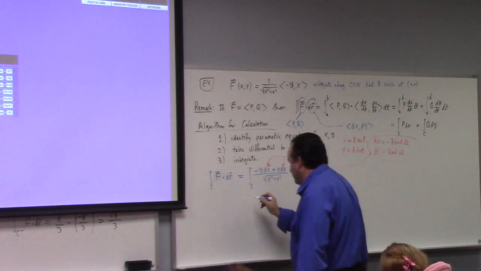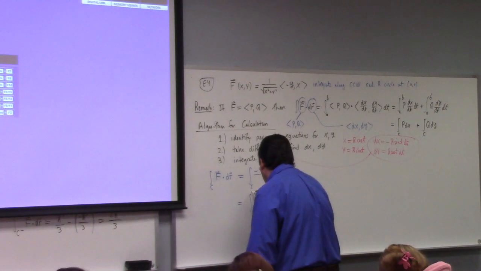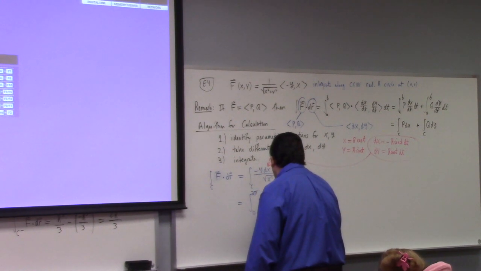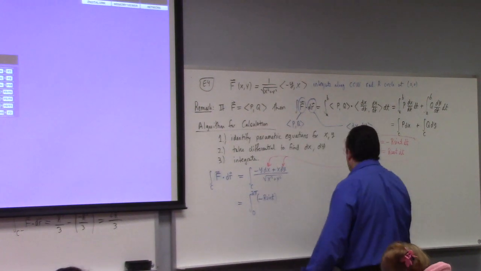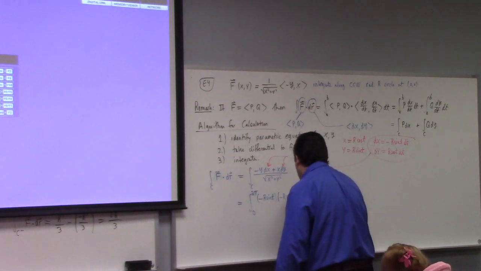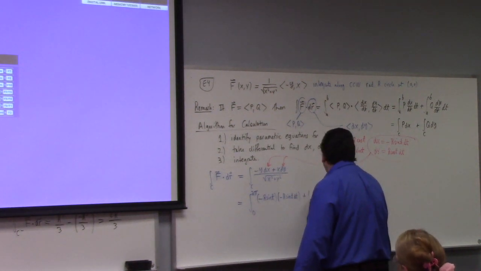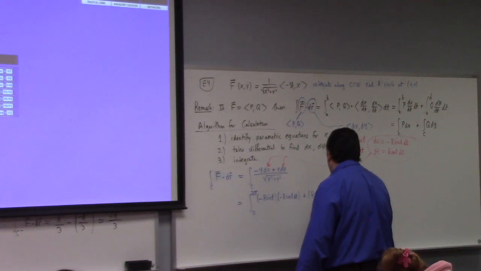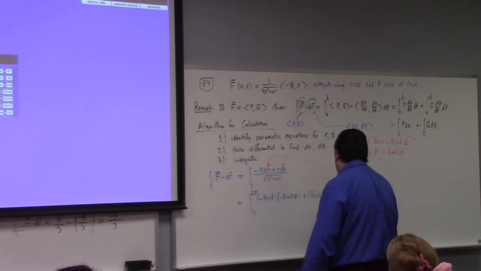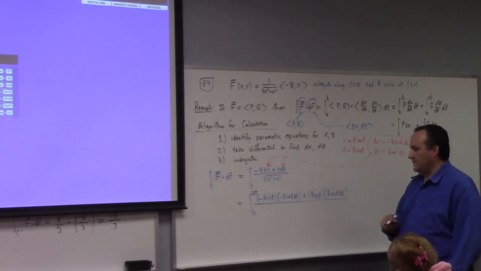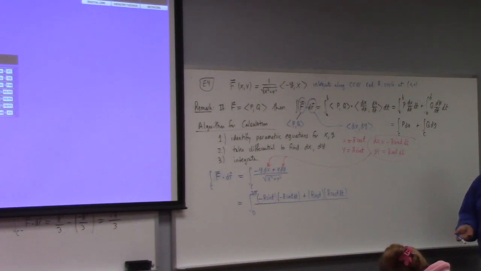So here this works out to the integral from 0 to 2 pi of minus r sine t. And what's my dx? Well, my dx was minus r sine t dt. And what's my x? Well, my x here is r cosine t, and my dy was r cosine t dt, right? Lovely. What's the square root of x squared plus y squared for the unit circle? Not unit circle, but the circle of radius r. R, that's right.